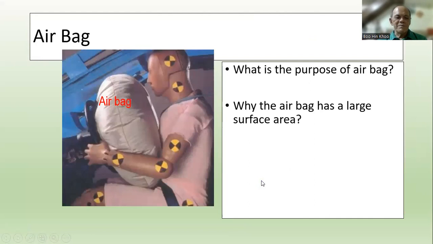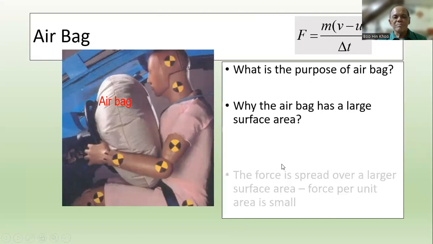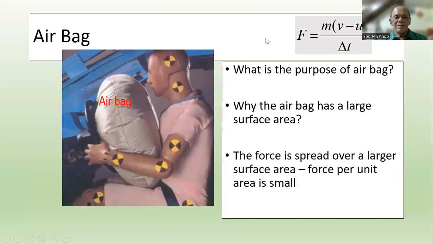Right? What's the purpose of the airbag? We have studied earlier, force equals Newton's second law. The force depends on the final velocity, the initial velocity and the mass of the object.